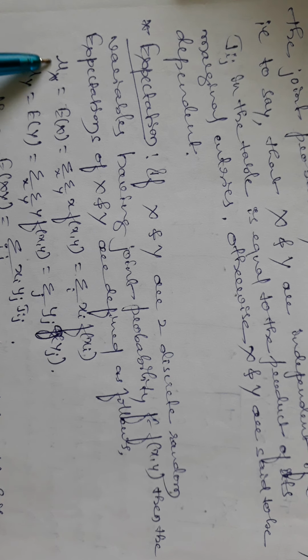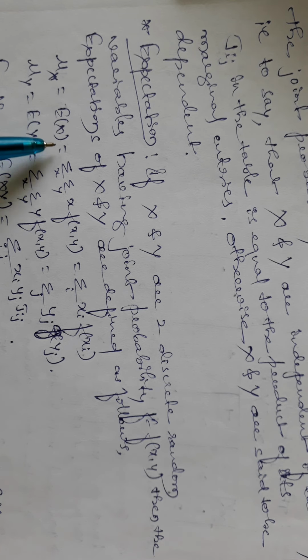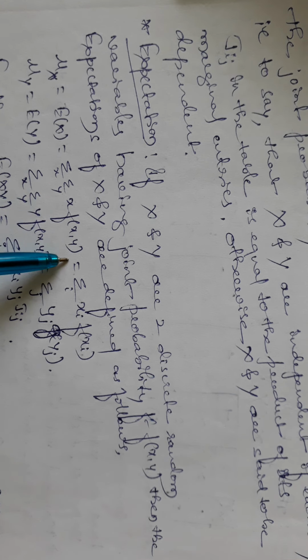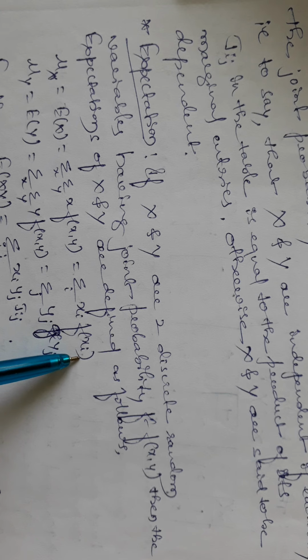That is mu x, the mean of x, which again I can call E of x, the expectation of x, equal to summation over x, summation over y, of x into f of xy, which in simple notation is summation of xi into f of xi, only x into f of xi values.